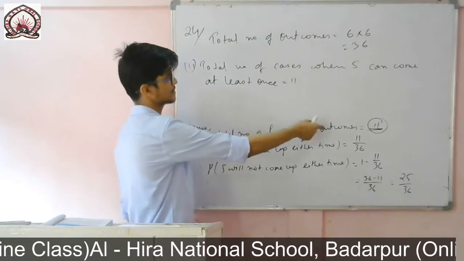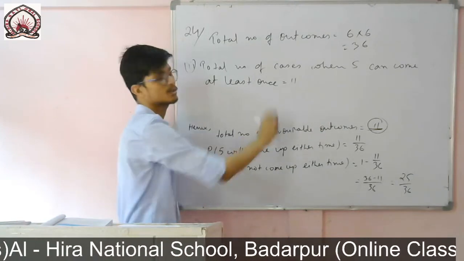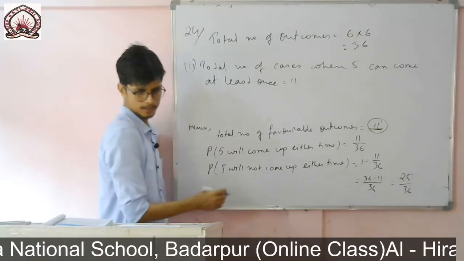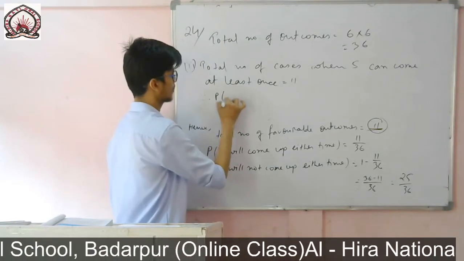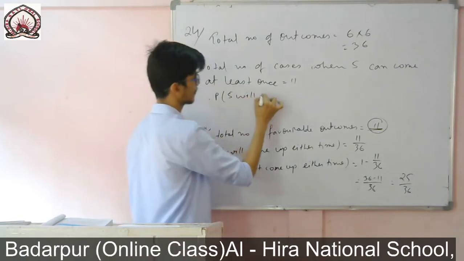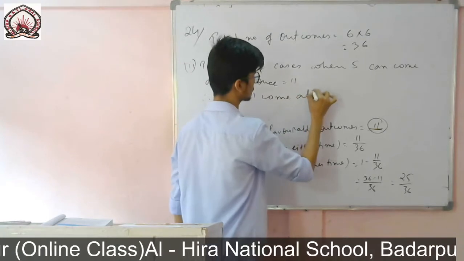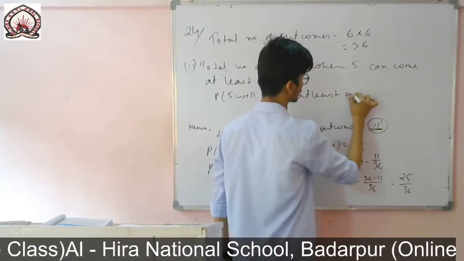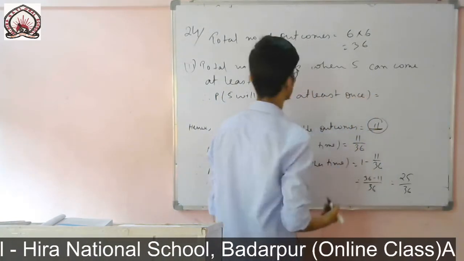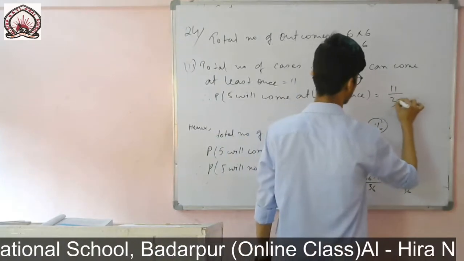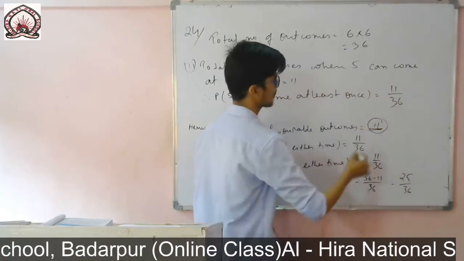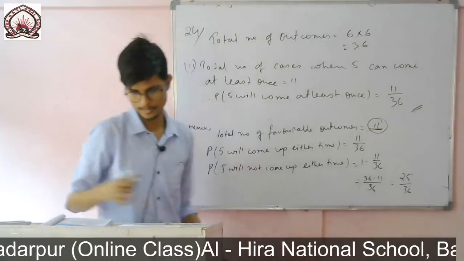So it is the same question, and since I have shown it earlier, there is no need to write it again. Therefore the probability that 5 will come up at least once is equal to 11 by 36. So this is the required answer.